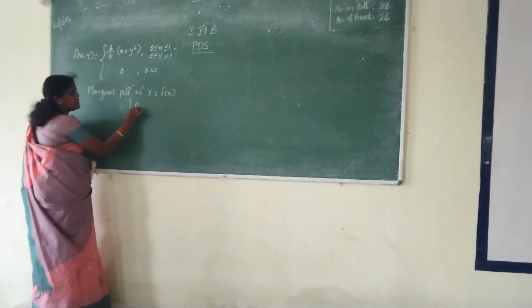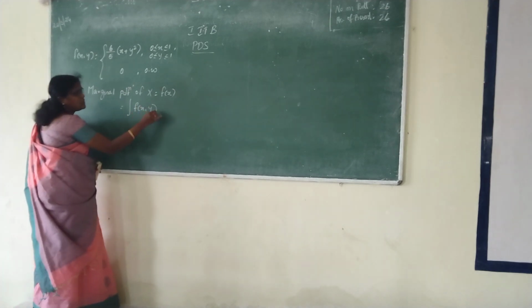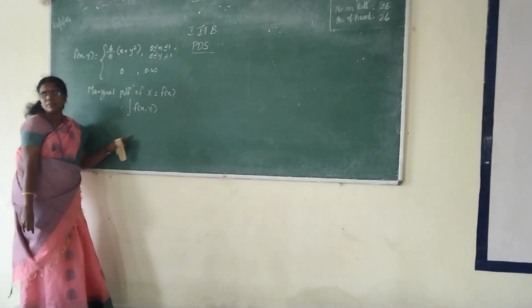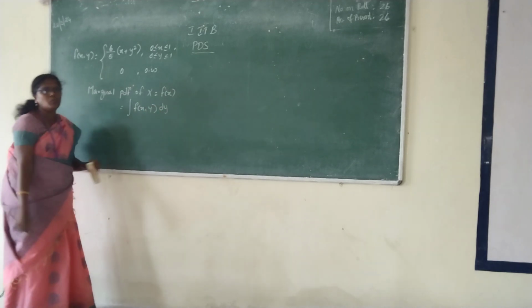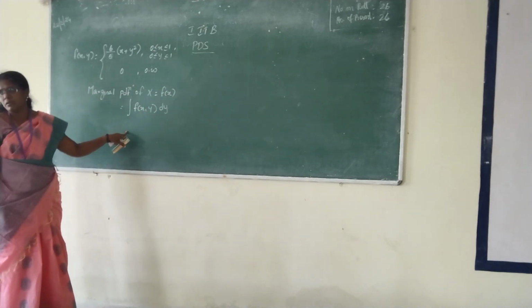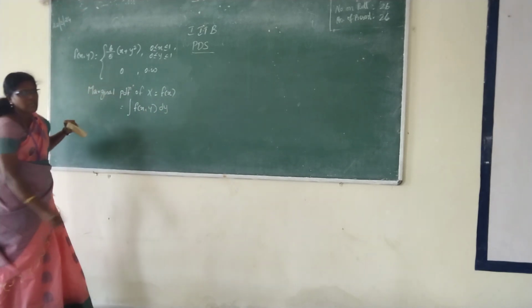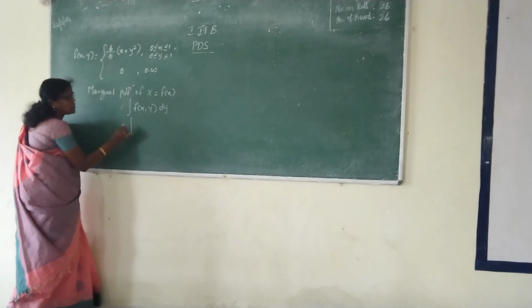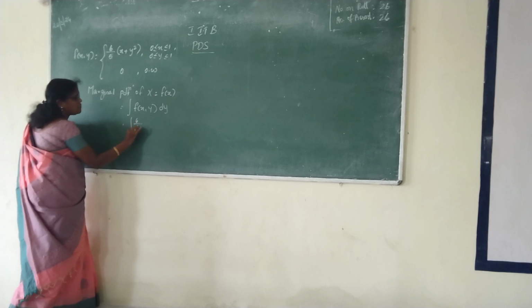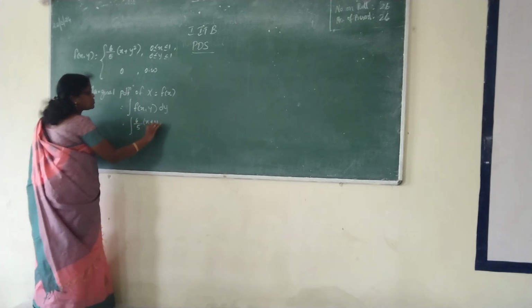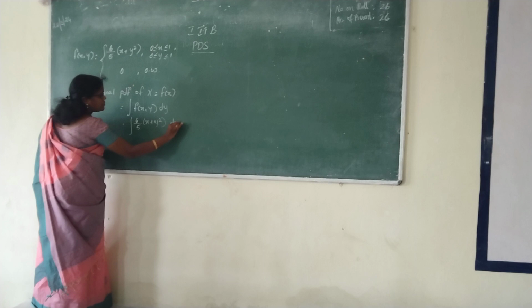Integral of f of x comma y dy. You are finding x, so you are integrating with respect to y. This is the general formula. Now substitute our given f of x comma y, that is equal to integral of 6 by 5 into x plus y square dy.